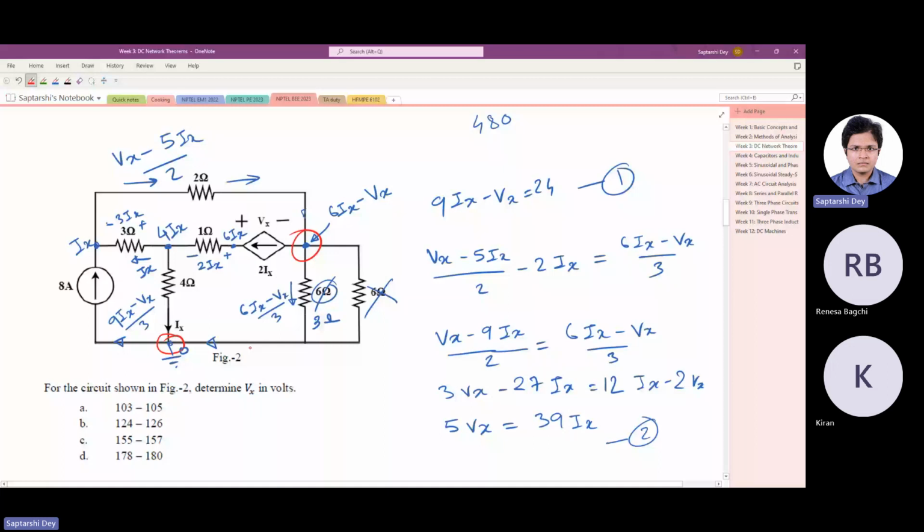But this is the approach. Since we have a current source here, this is stopping us from applying node analysis easily. Had this been a voltage source, we could have easily done a node analysis, I think. We would know this voltage, this voltage, this voltage. Yes, it should have been easier.